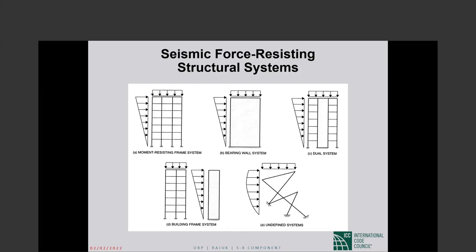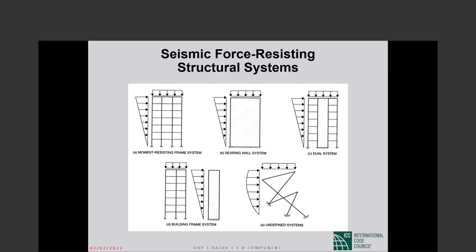If you design just on the basis of interactive analysis, then you will end up with very flimsy columns at the bottom of your structure because at the lower levels, the frames don't carry any lateral loads. So the second requirement of a dual system is that the frames, independently of the shear walls, must be designed to resist at least 1/4 of the design lateral forces.